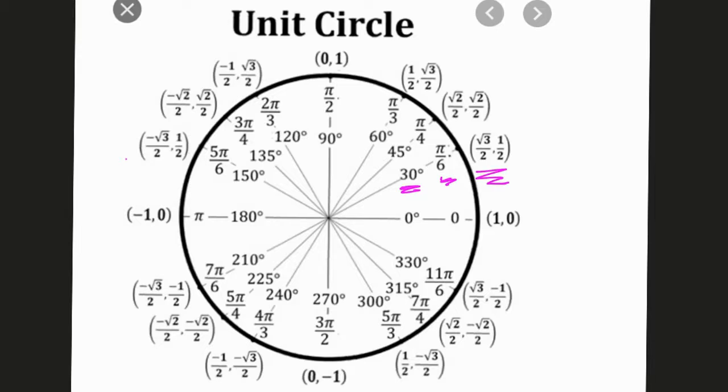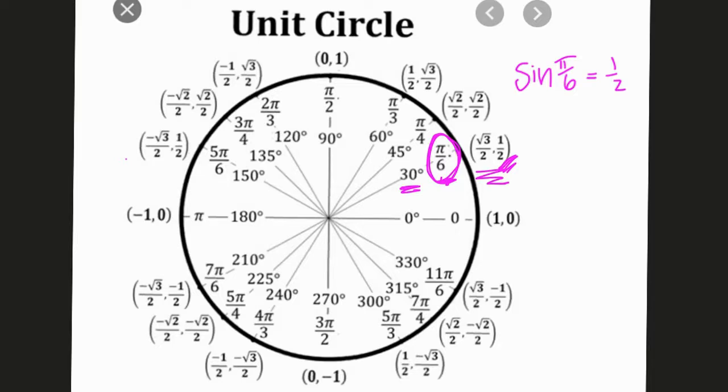Okay, so based on the one that I have highlighted there, in pink, if I asked you for the sine of pi over 6, okay, so here's the location that I'm talking about, pi over 6. If I ask you for the sine, literally, it is just the y coordinate of the ordered pair. All right, and think about why does that work?